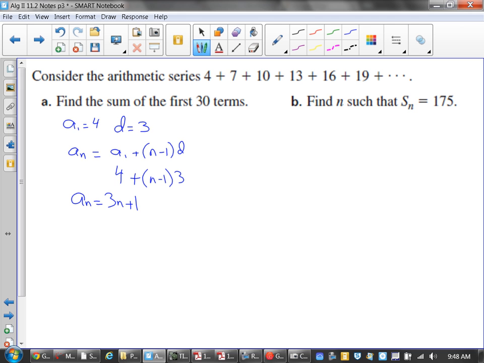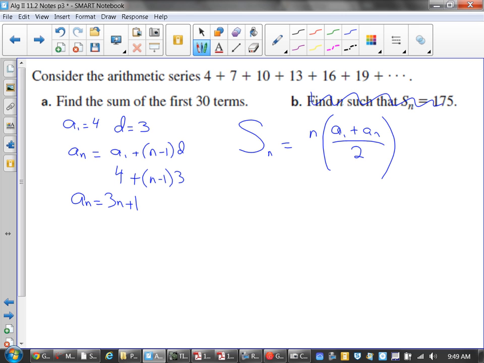Now it wants me to find the sum of 30 of them. Here's how this works. We'll come back to this part in a little bit. When I want to find the sum of 30 of them, we're going to use the sum formula. Now, what's my n value going to stand for? 30.